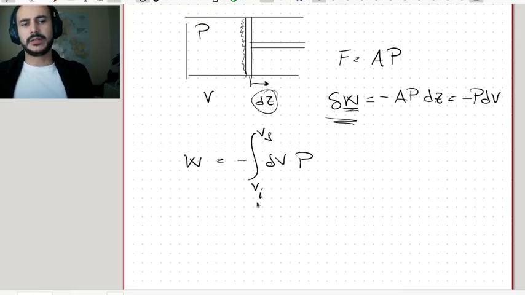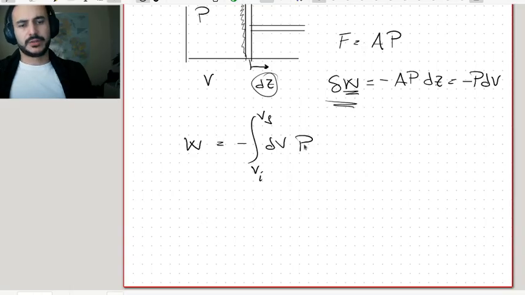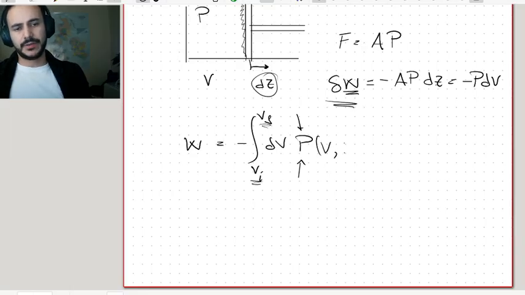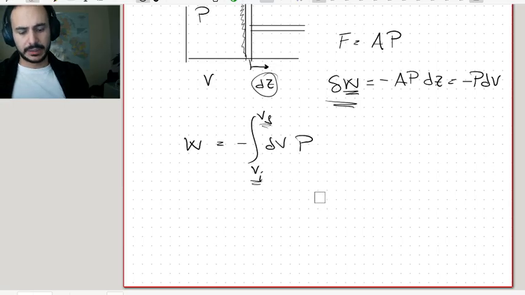Now let's have a think about this work just for a moment. This expression that I wrote here includes pressure, okay? So if I want to make this integral from the initial to the final state, this pressure has to be defined throughout. And for pressure to be defined, the system needs to be in equilibrium at every intermediate stage.